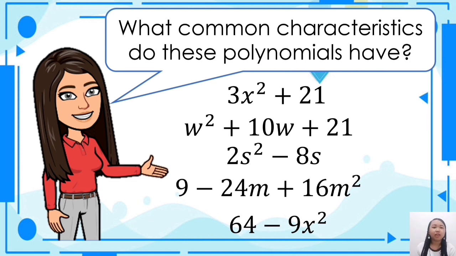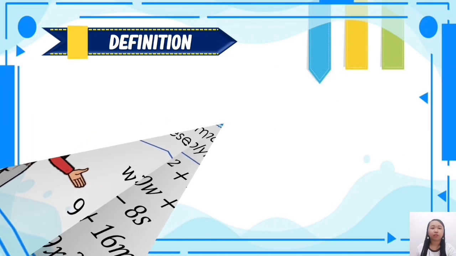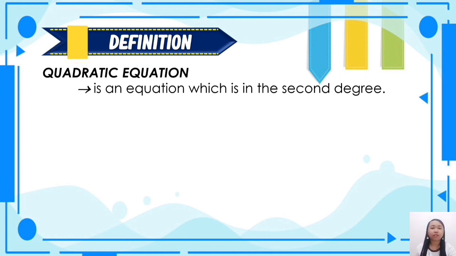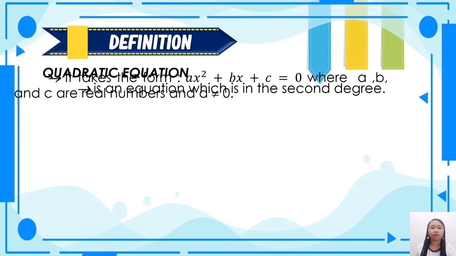Okay, correct. These polynomials have one variable, and the highest exponent of the variable is 2. Quadratic equation is an equation which is in the second degree.